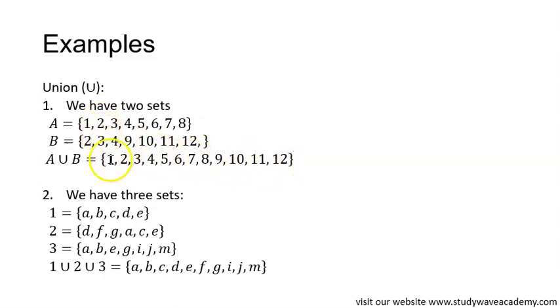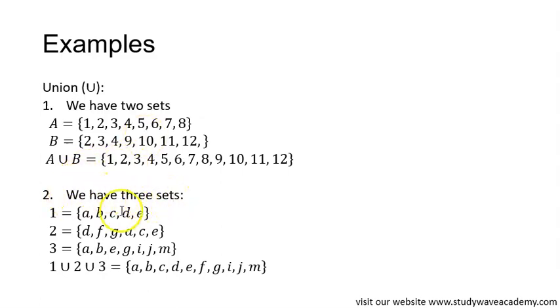You can see that we didn't repeat 2 twice and we didn't repeat 3 twice, even if they are in both sets. Do you understand? You put it in ascending order also. You don't start from 11 or just start from any number. You put it in ascending order. Good. Let's look at another example.